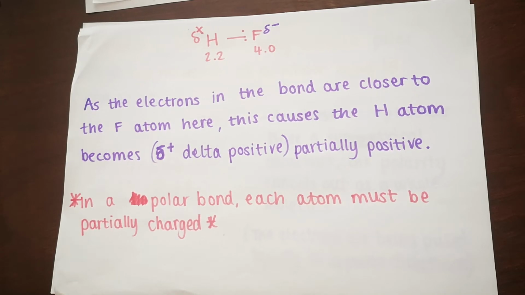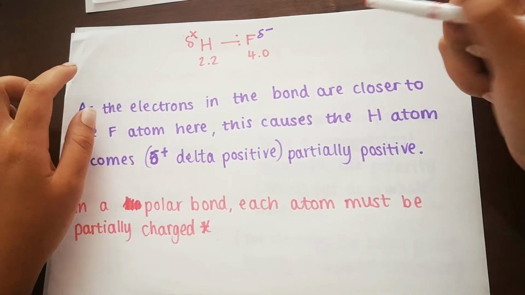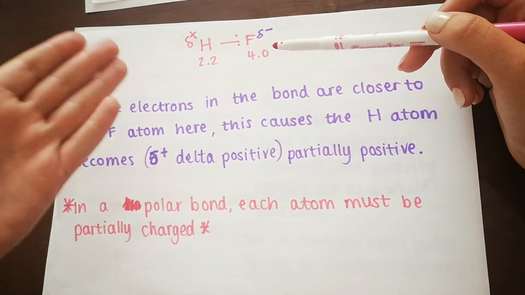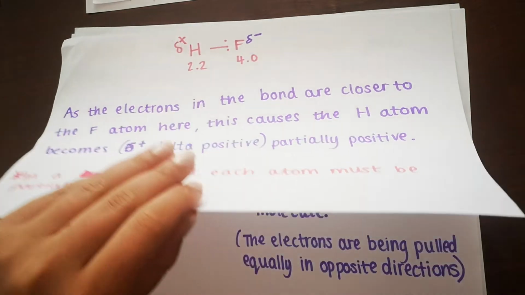You can never have a bond that is partially negative at both sides. So they need to counteract each other. If you've got a partially negative side, you need a partially positive side. It must be equal.